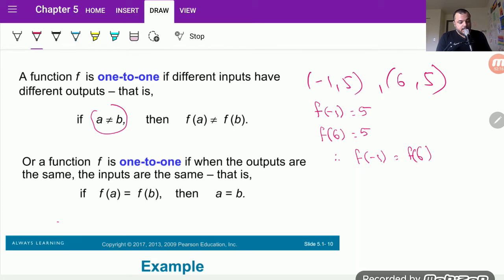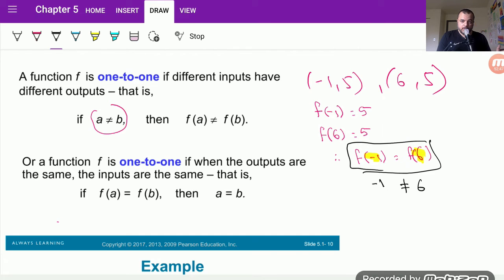However, the inputs are different, so -1 is not equal to 6. So this is not a one-to-one function. This is the summary: if the images are equal, then the domain values have to be equal.